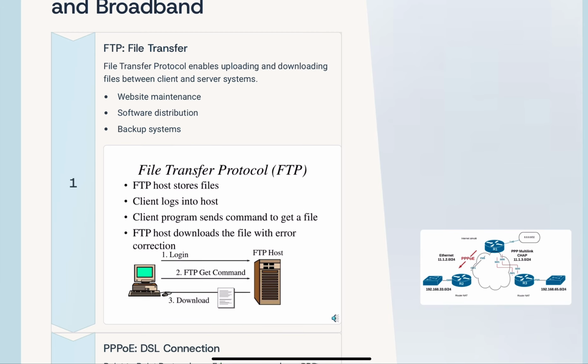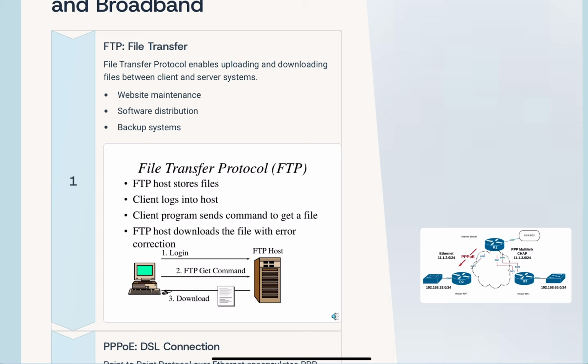When you want to transfer files, you need a rule to transfer the file. So the File Transfer Protocol enables uploading and downloading files between clients and servers. Maybe the file is stored on the server, and you want to access it through the web or some software.